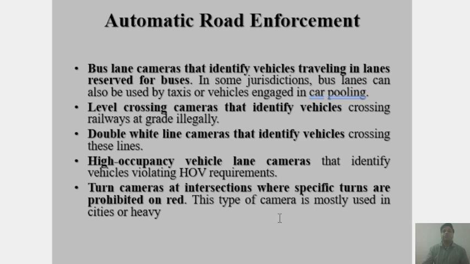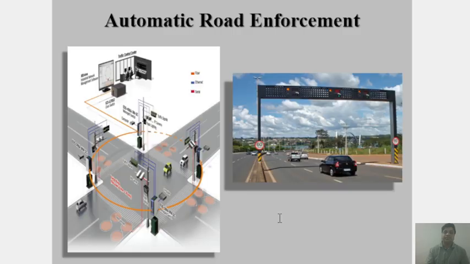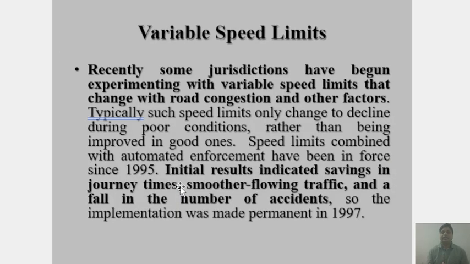This type of camera is mostly used in cities or heavily urban areas. So different road enforcement techniques are there to detect illegal activities on the road. You can see different types of cameras installed on the road, which can be combined with the ITS system for the smooth flow of travel on the road. Next is variable speed limit.